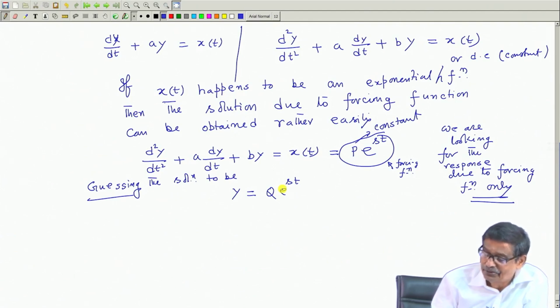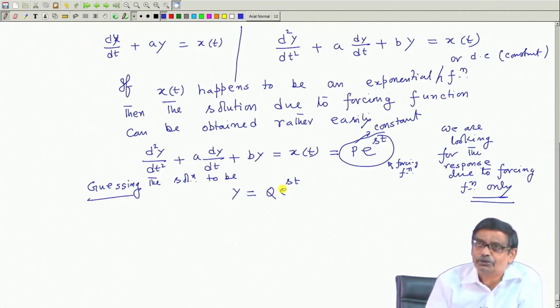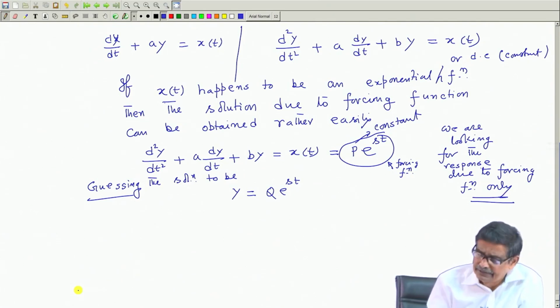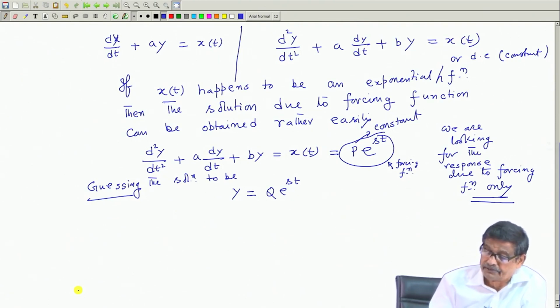So the left hand side will also give rise to a factor e to the power s t, and exponential function is such a nice function. Differentiate 100 times, it will still retain its form, only its magnitude will get manipulated, amplified or decreased, that is a different issue. Only this form of solution can satisfy the forcing function.